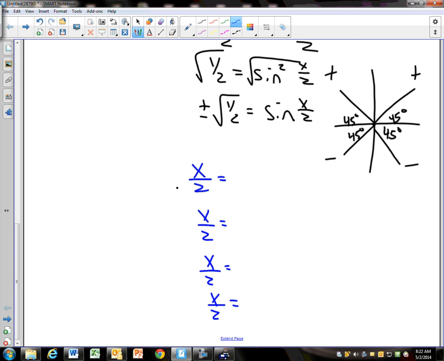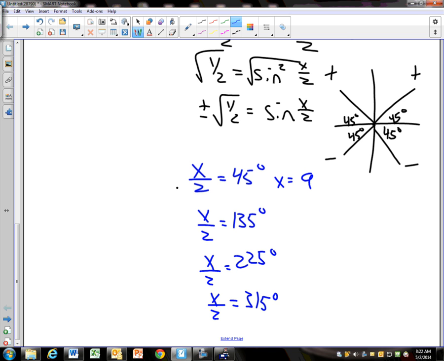So, that's the first one, x over 2 is equal to 45. Then, 135, 225, 315. How do you solve each for x? What do you do? Multiply by 2.